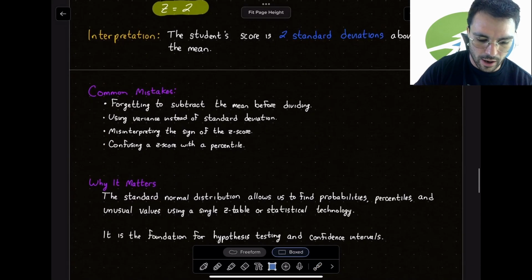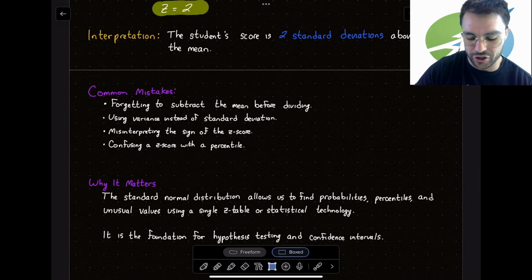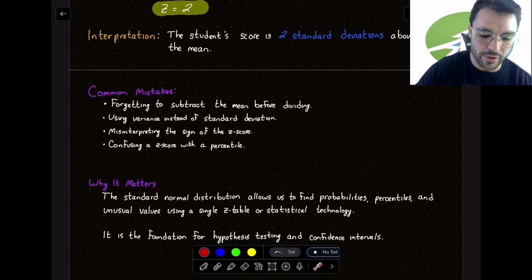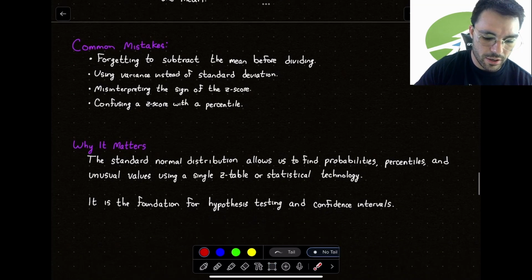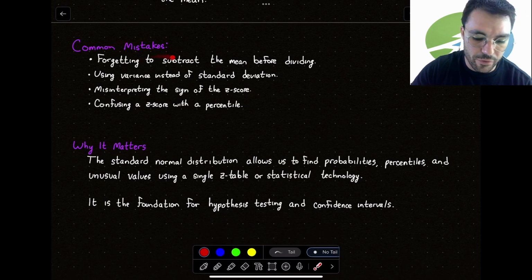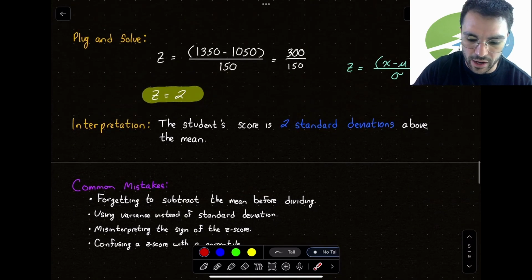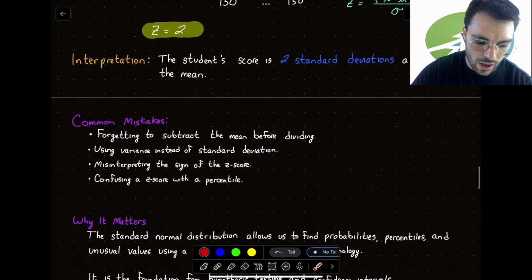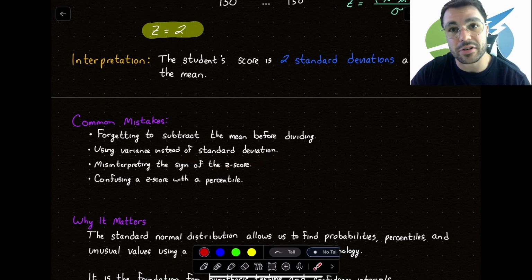Anyway, this is just an introduction to the subject. I'm getting a little ahead of myself, but to continue on, common mistakes: forgetting to subtract the mean before dividing. We got to subtract here. Using variance instead of standard deviation.